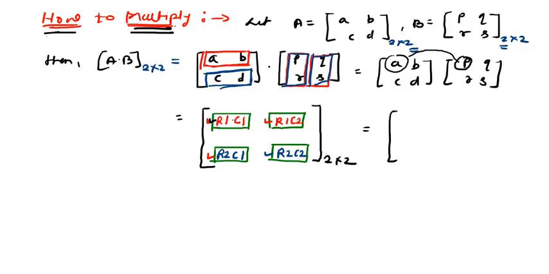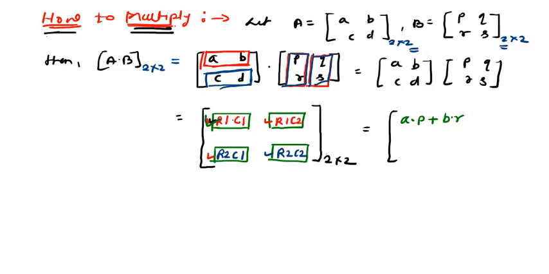So this will be A into P, plus the second component of the first row and second component of the first column, so this will be B into R. Now this is done.